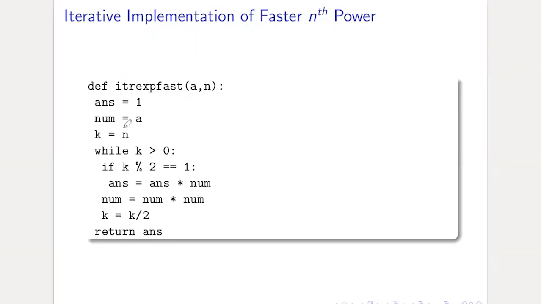Okay, so the exponent, when you divide by 2, if there's a remainder, which means it is not divisible, you multiply your current answer with the number value which you are computing as you go on, that you initialize to a at the beginning.